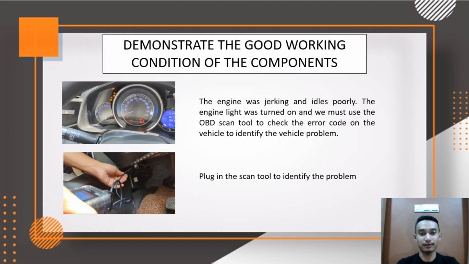Demonstrate the good working condition of the components. First, the engine was jerking and idling poorly. The engine light was turned on, and we must use the OBD scan tool to check the error code on the vehicle to identify the vehicle problem. Next, we plug in the scan tool to identify the problem.